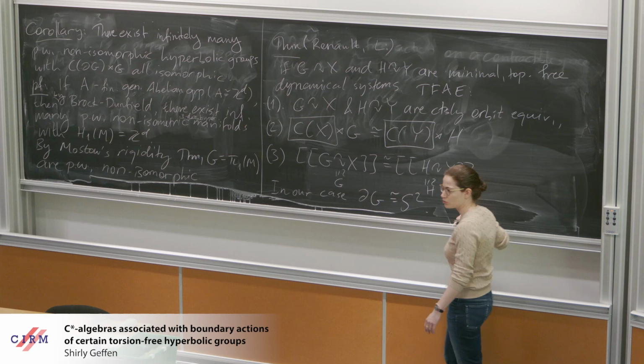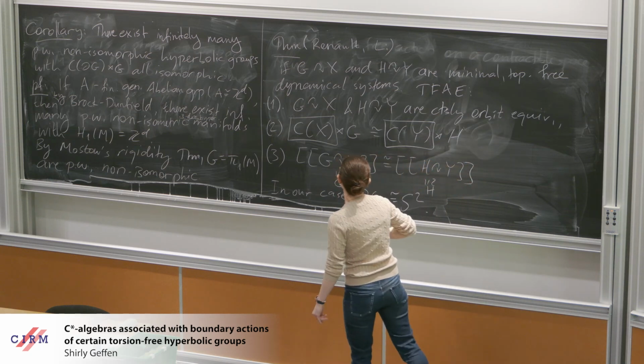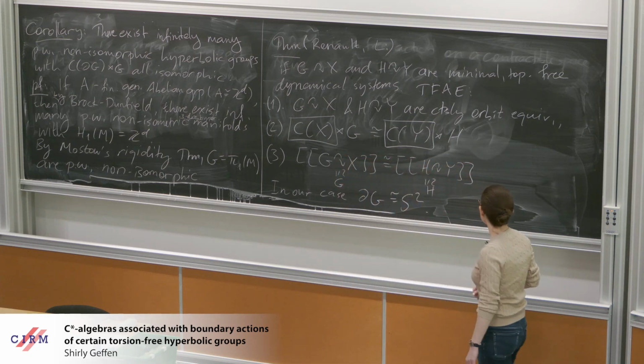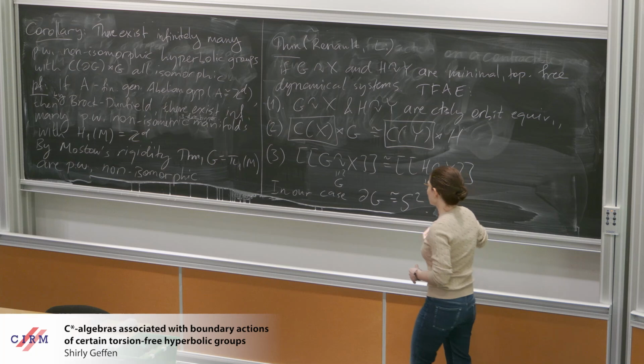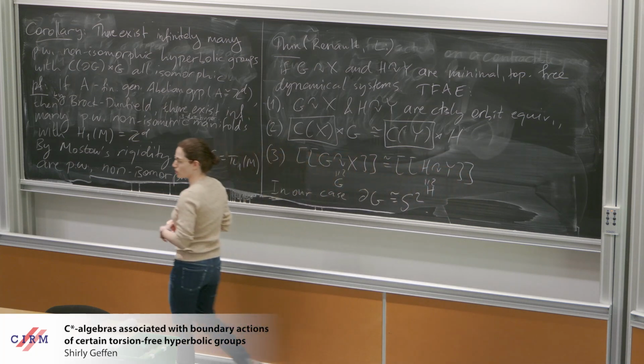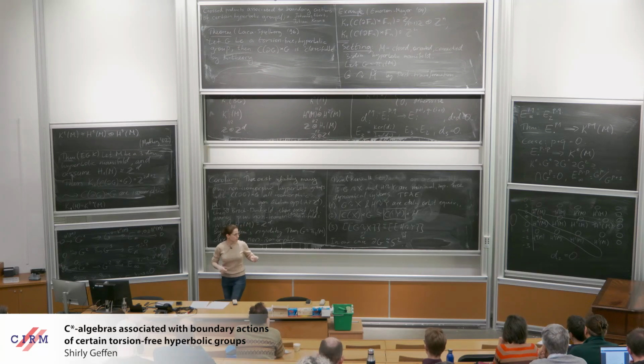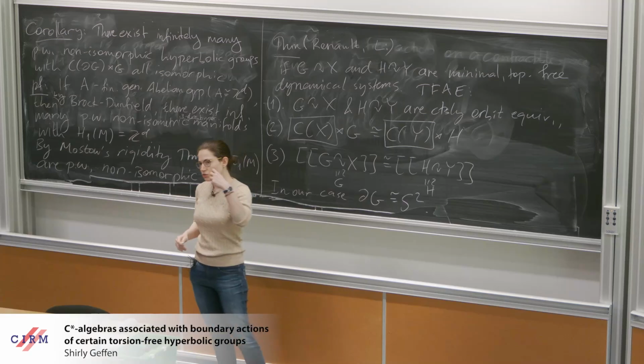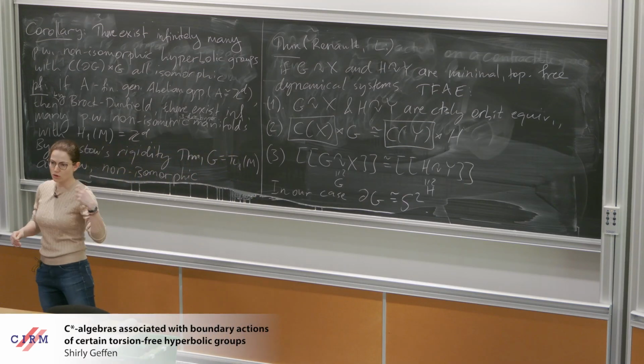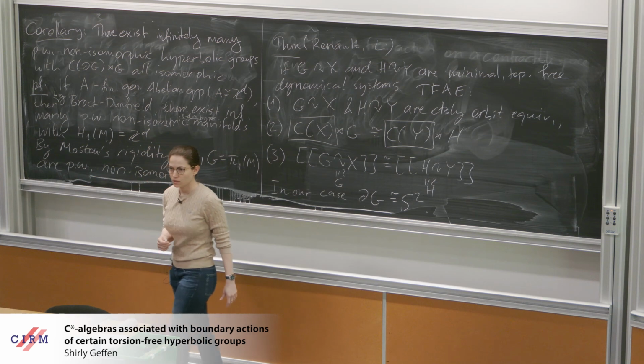So the third condition fails, and therefore the systems are not orbit equivalent, and the Cartan subalgebras are not preserved. Or in other words, these cross products contain infinitely many pairwise non-conjugate Cartans, all of them with the spectrum being the two sphere.